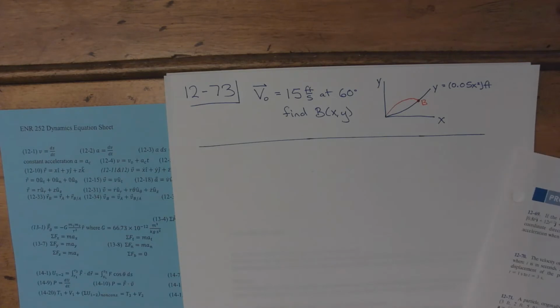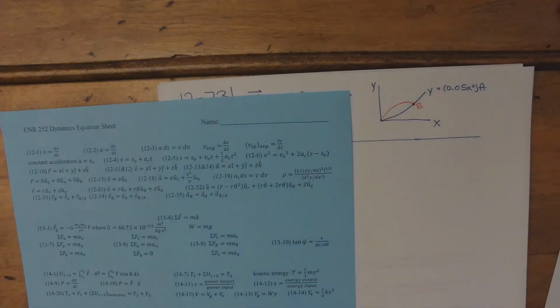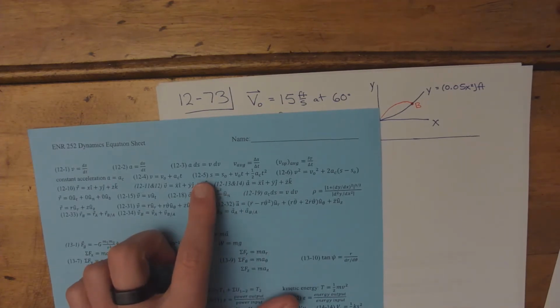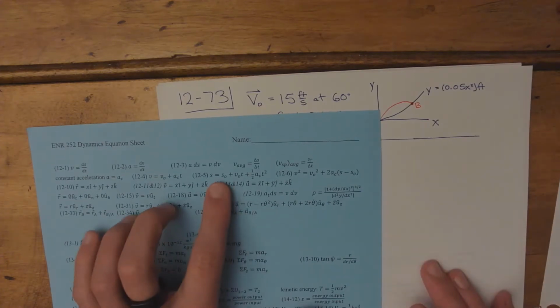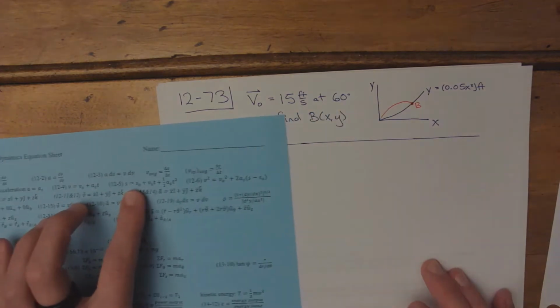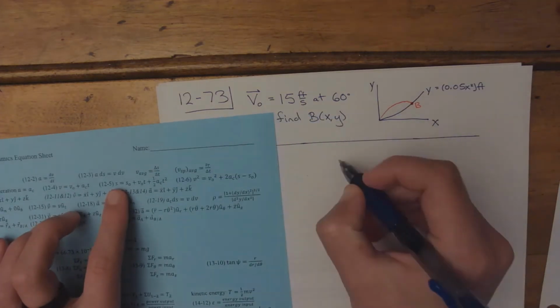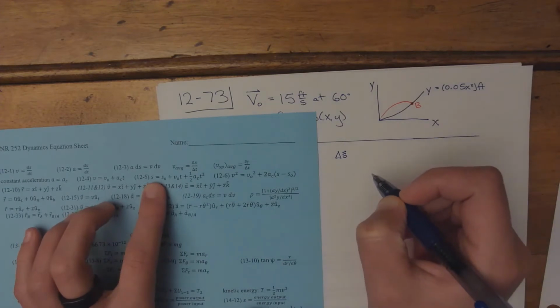Now, to start off, we're going to use equation 12.5, which actually is supposed to be a vector equation, and it's not written that way in equation 12.5. So let's rewrite this, and also let's bring the s naught over to the other side and just call this delta s. So that should be a vector.